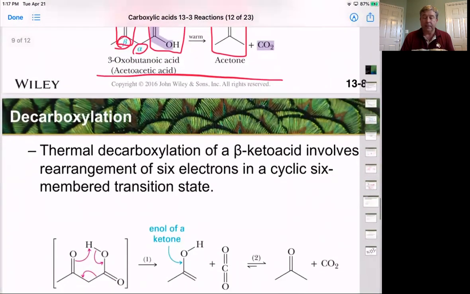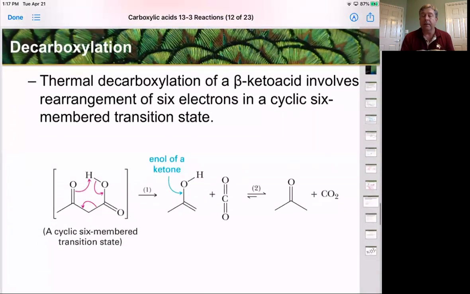Well, the reason it does that is because we can form this cyclic intermediate right here. If we rotate the carboxylic acid around such that the hydrogen from the carboxylic acid is now hydrogen bonding to the oxygen of the ketone, it makes it really easy now to transfer the electrons right here. The electrons from the hydrogen go in to give us a carbonyl compound. These electrons right here go out to give us an alkene, and then these electrons come up here to give us an alcohol.